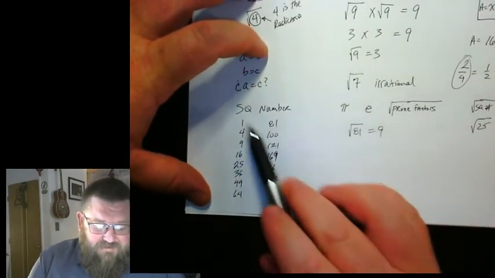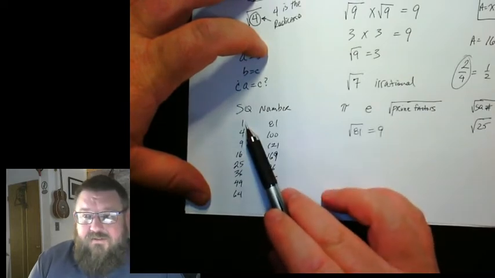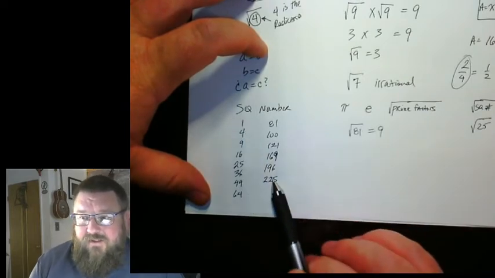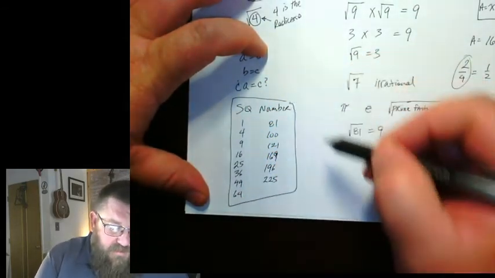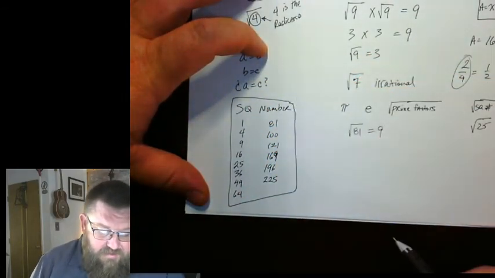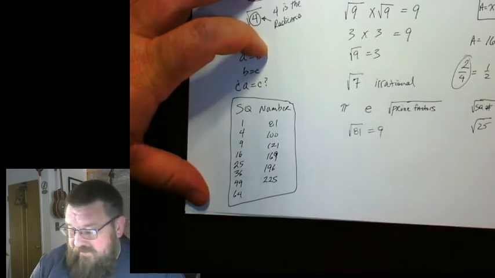However you want to say it. So this is 1 squared, 2 squared, 3 squared, all the way down to 15 squared, right? So you need to be familiar with these because you're going to see all kinds of those. Yeah, and so you got to be aware of those.